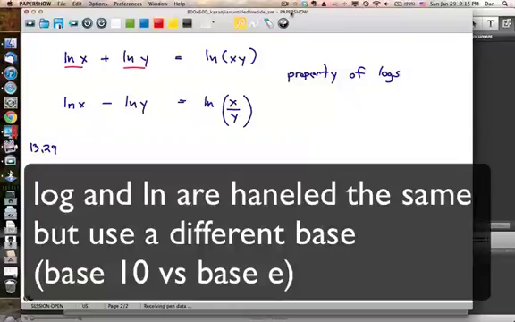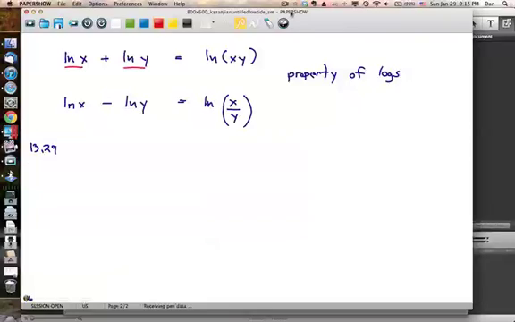This is very useful for pulling numbers out. Another useful property of logs is that the natural log of x to the y is equal to y ln x.